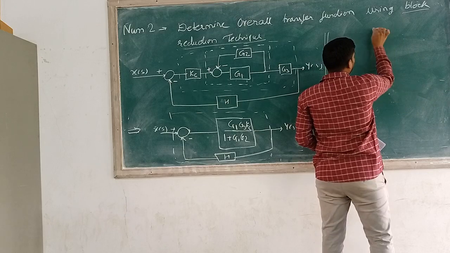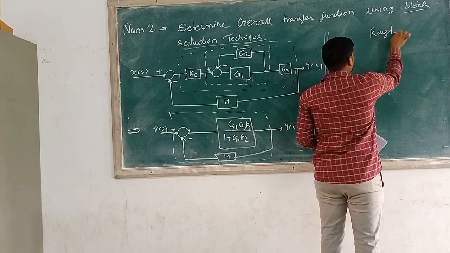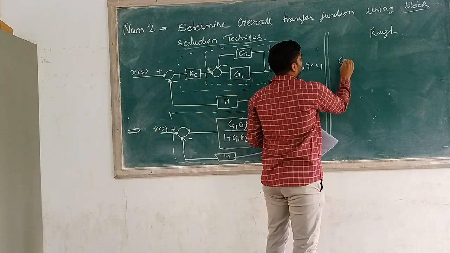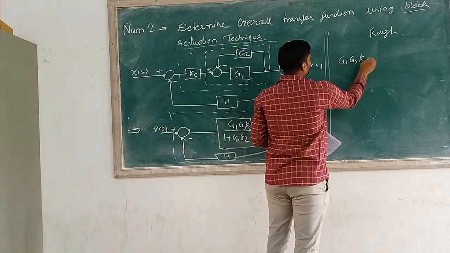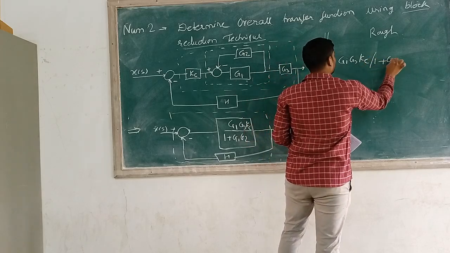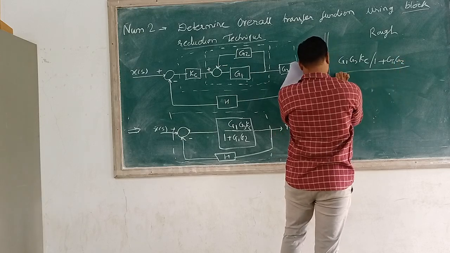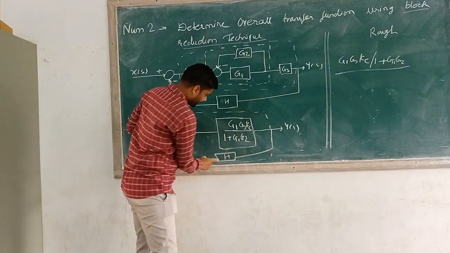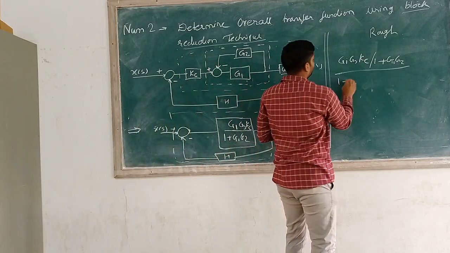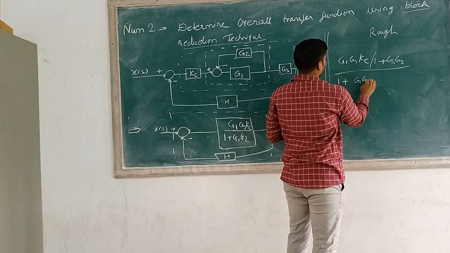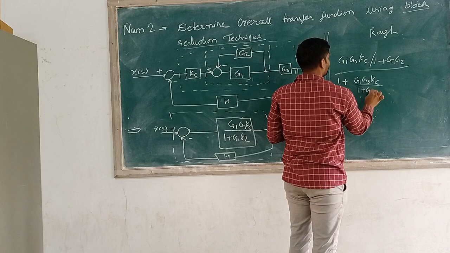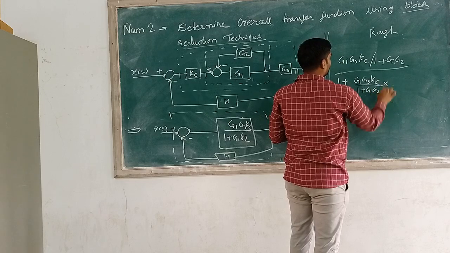So it can be solved as G1 G3 Kc upon 1 plus G1 G2, upon. While reducing these two blocks, we have to add 1 plus G1 G3 Kc upon 1 plus G1 G2 into H.